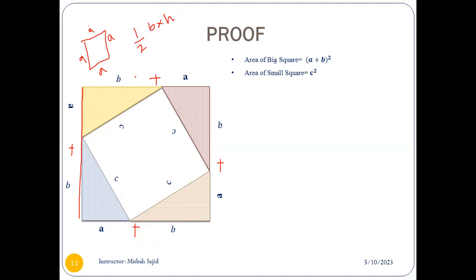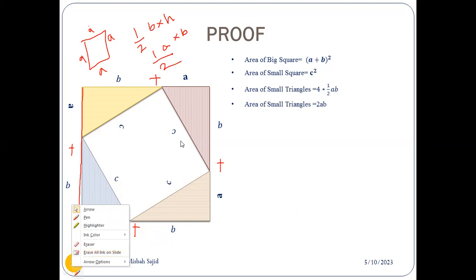We can replace base by A and height by B. So the area of a right angle triangle is half A into B. There are four right angle triangles, so the area of the small triangles is equal to 4 into half AB. 2 ones are 2, 2 twos are 4. So the area of the small triangles would be 2 into AB. Okay, I hope this is quite clear to you.